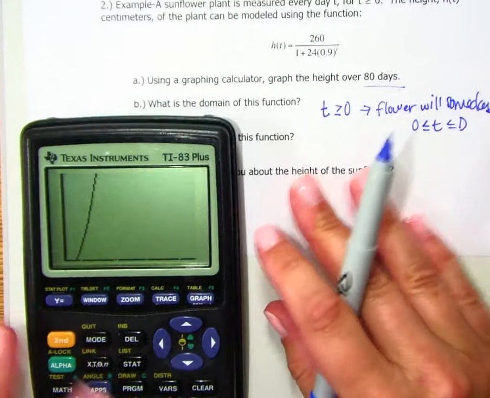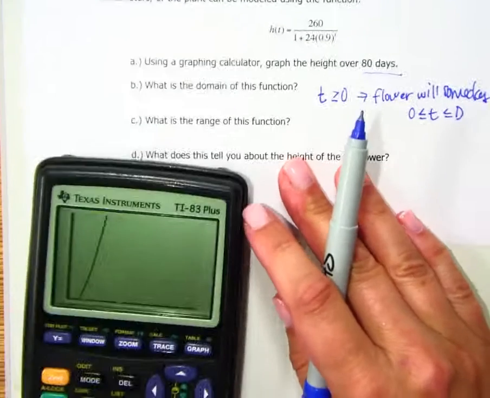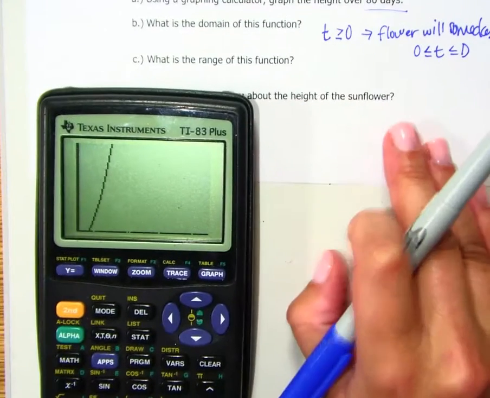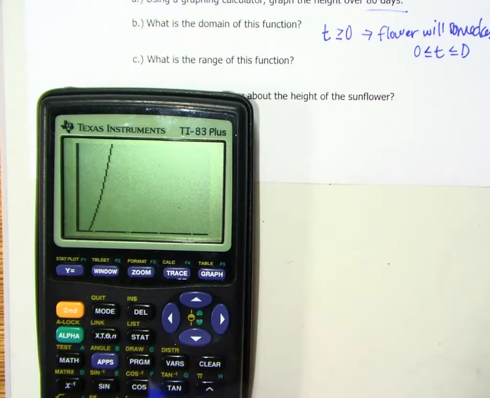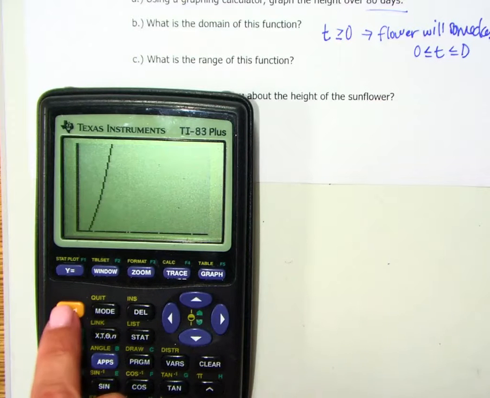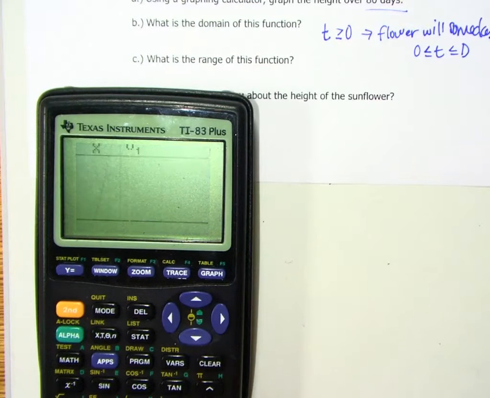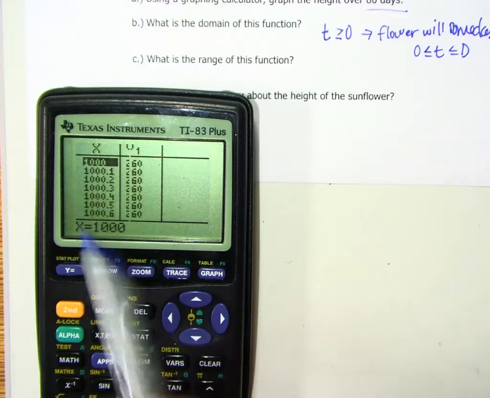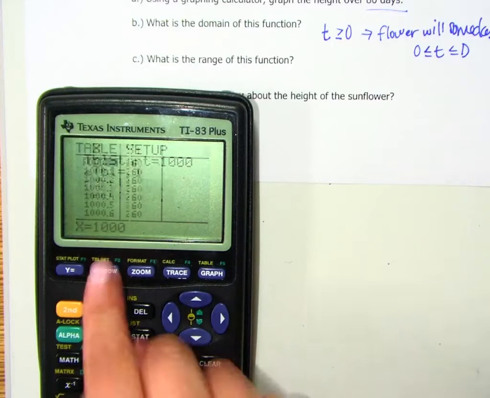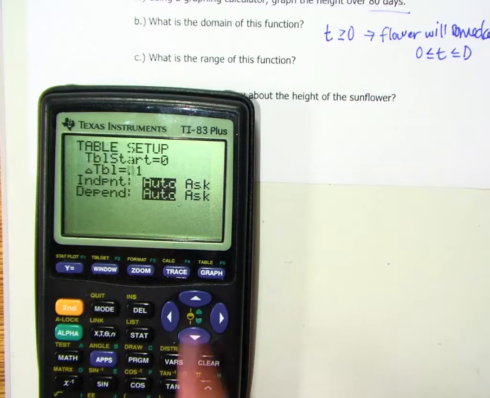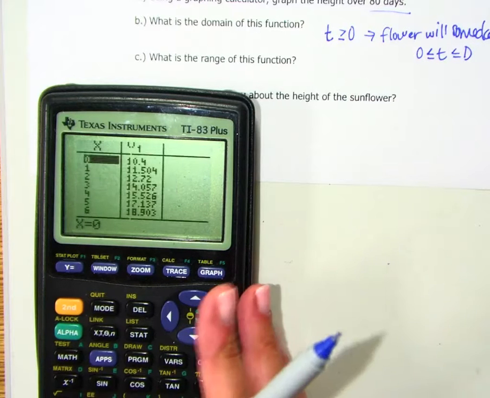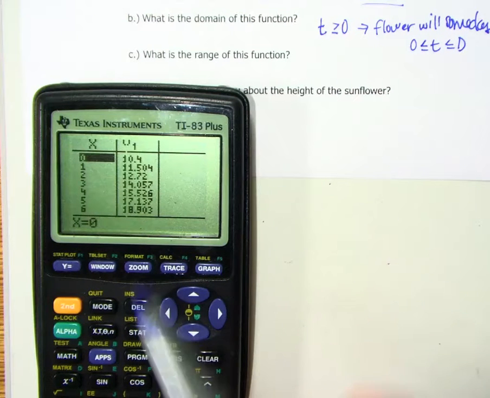Okay. And then the next question, what is the range of this function? Okay, so what we're going to do is actually go to our table. So second graph for your table. Ooh, I need to change my table set. Your table is probably like mine now, okay?